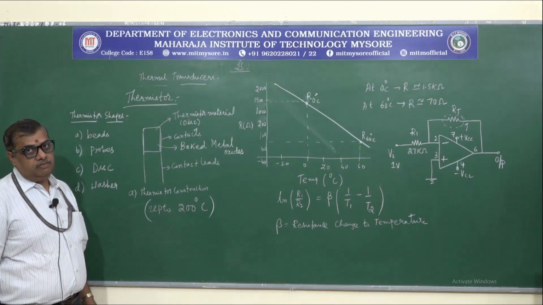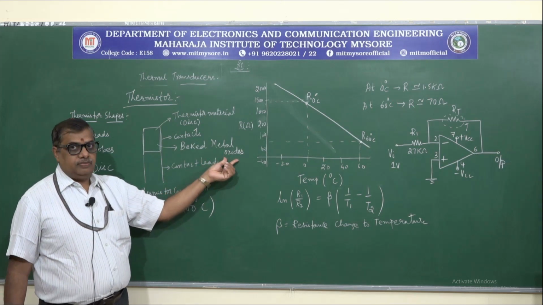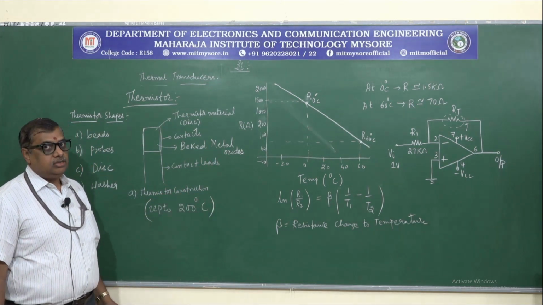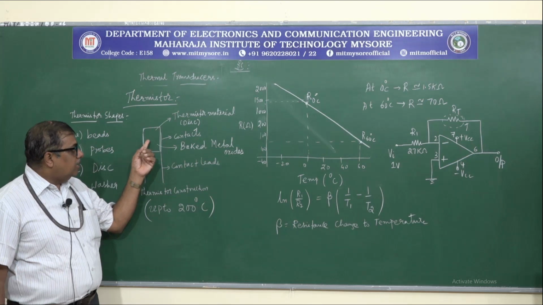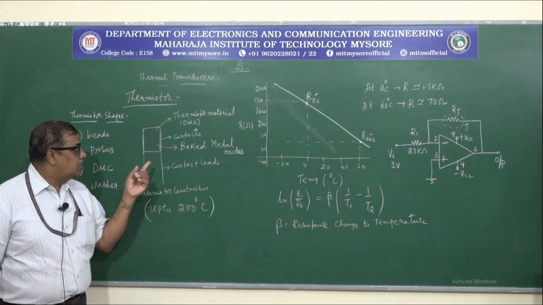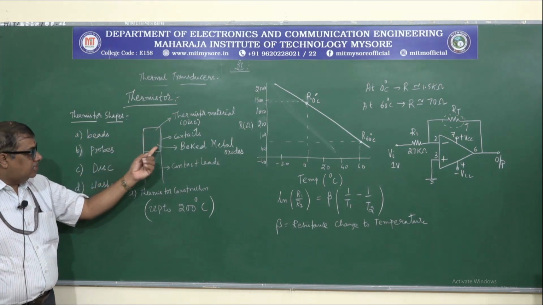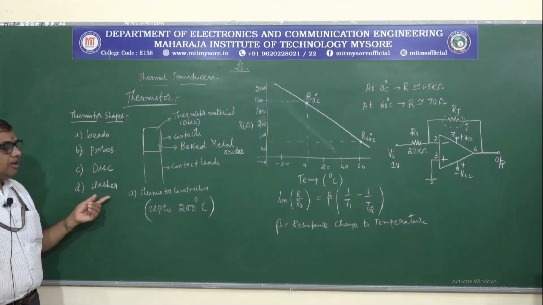Thermistors are basically manufactured using metal oxides. Metal oxides are very sensitive to temperature, so they are used for the construction of a thermistor. The thermistor is usually manufactured in the form of a disc, or beads, or probes, or a washer.